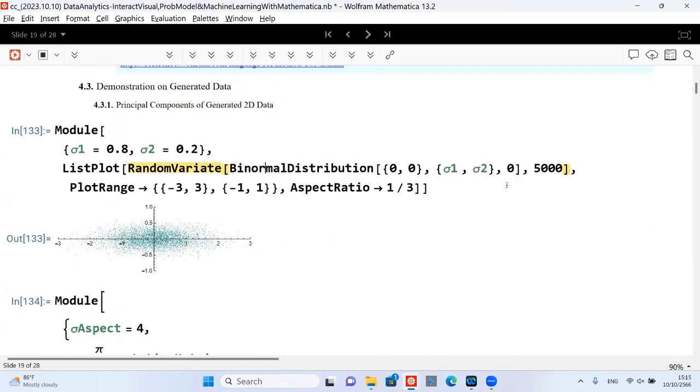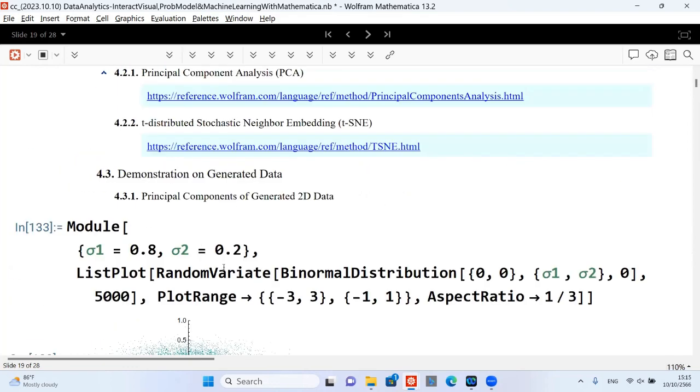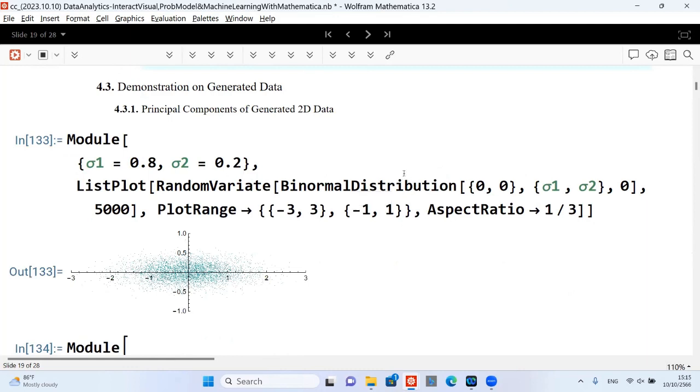Okay. Now I make this up, and just to show you what it takes to make this up. I'm making a bivariate normal distribution with mean 0 for each and standard deviation sigma 1 and sigma 2.